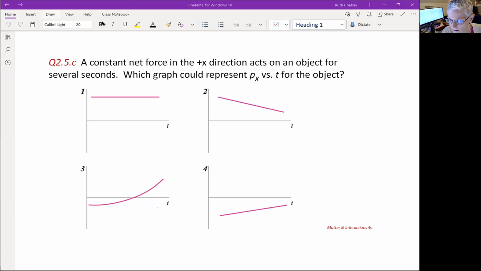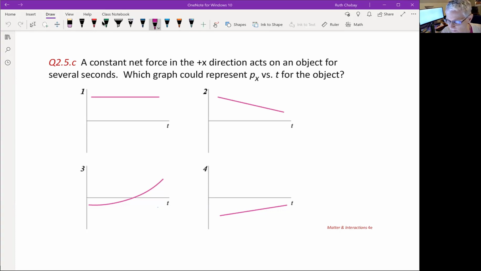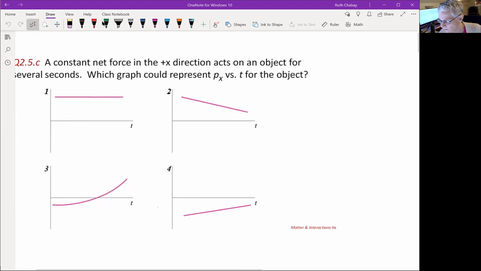So one way to write the momentum principle tells us that delta p, the change in momentum, p final minus p initial, is the net force acting on something times the time interval.